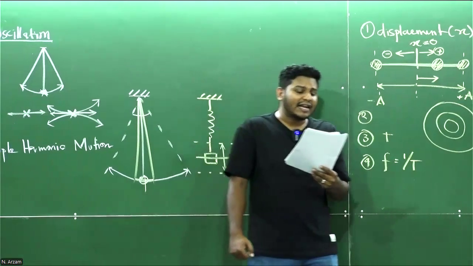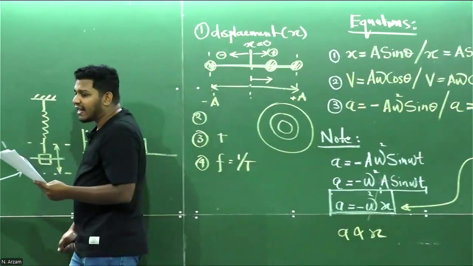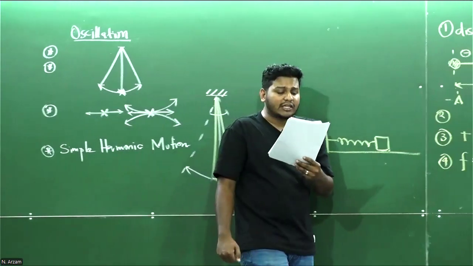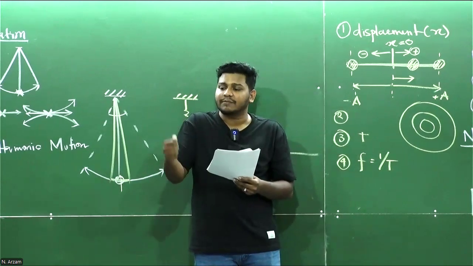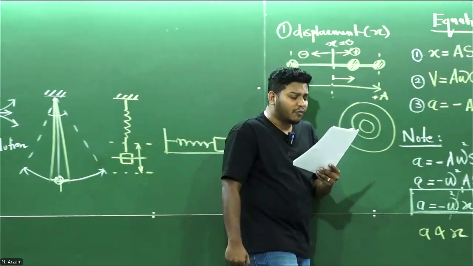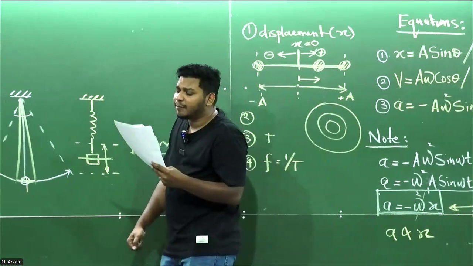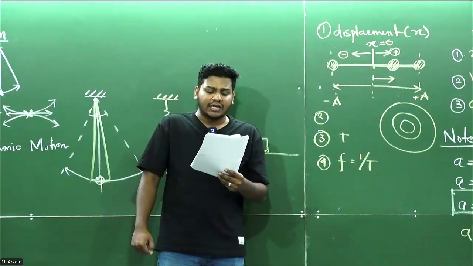So look at the characteristics of the simple harmonic motion. The first one, the motion is periodic. Yes, the motion is always periodic. The second one, the acceleration of the moving body is proportional to the displacement from the mean position. There are many wordings for the fixed point.